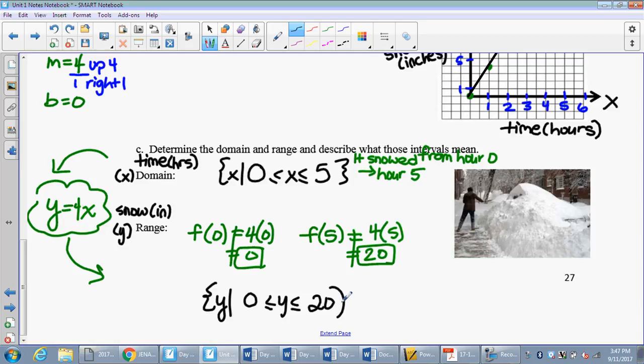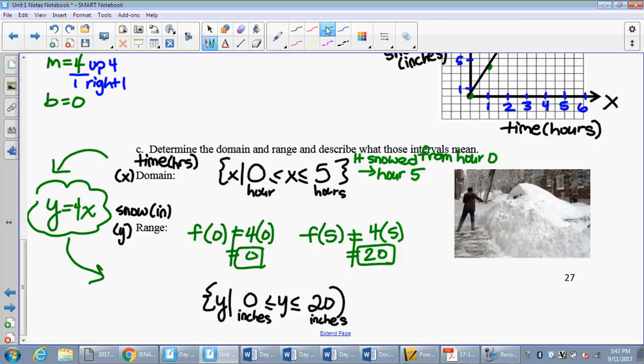If this was the first snowstorm of the year, this makes sense that at 0 hours, we have 0 inches of snow. There was no snow on the ground. After 5 hours of snow, there was now 20 inches. Check out that snowstorm. How awesome would that be to get 20 inches of snow?